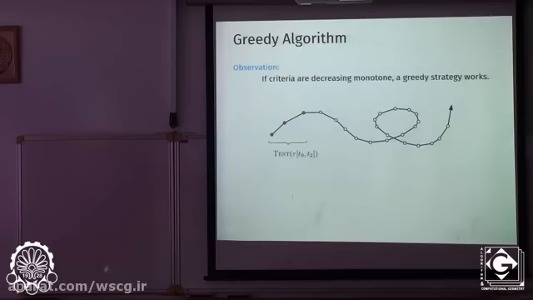If so, I will continue, and then maybe at some point it breaks. But now, since it's decreasing monotone, I know that if it's not valid on this part, it can also not be valid on any longer part. So there's no reason to check anything beyond it. So at this point I could cut and restart.